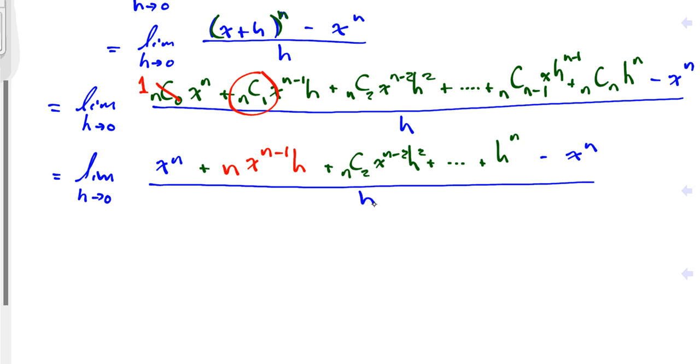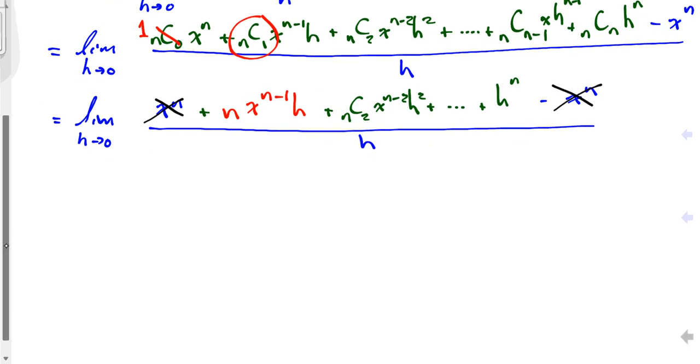What happens to x to the exponent n? Cancels out. So this term and that term cancels out. All the other terms have an h in them. So I could factor out a common factor. Maybe I will do that just to make it obvious. That's typically what we've done.